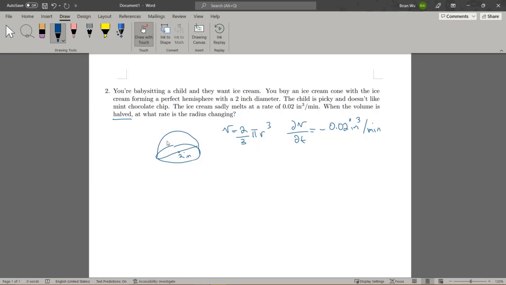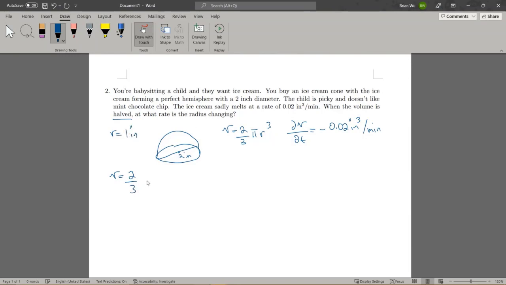So in this case, we got to find out at what volume there's what radius, because that's our independent variable. We know that our radius is half the diameter, which is 1 inch.